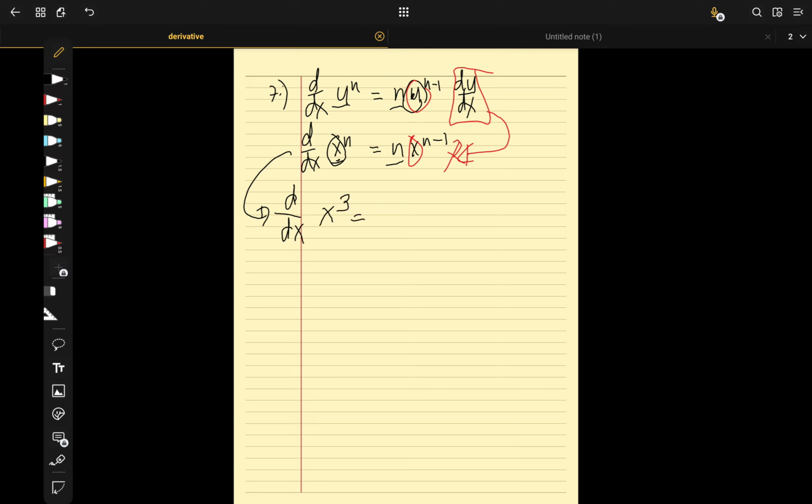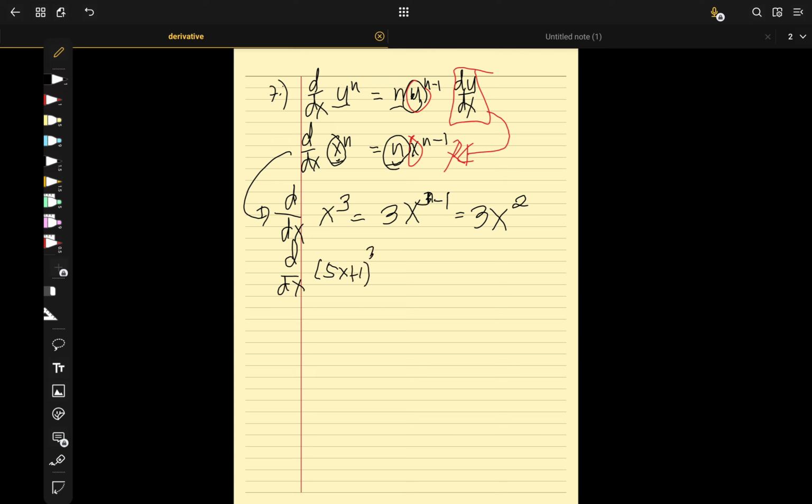Ang sagot lang dyan is, kung ipa-follow natin to, 3x raised to n minus 1 or 3 minus 1 na magiging 3x raised to 2. Okay? Paano kung ganito siya? Yung x, palitan ko siya ng, for example, 5x plus 1 cube.